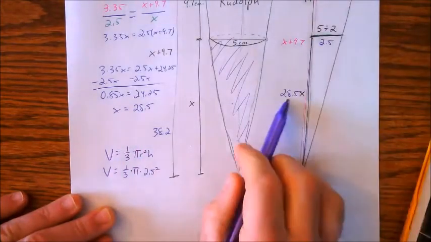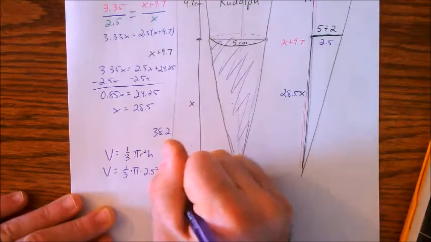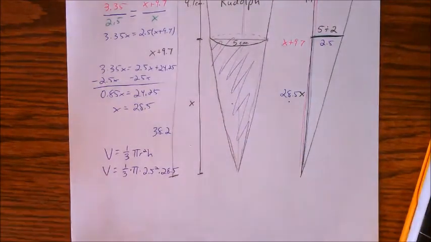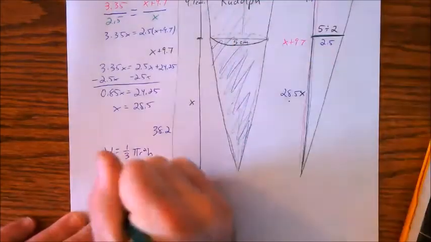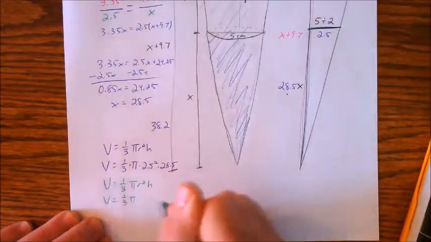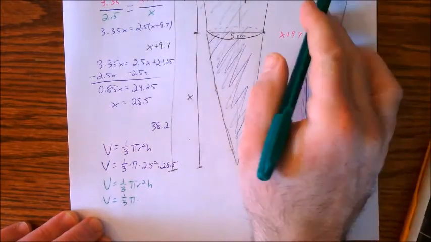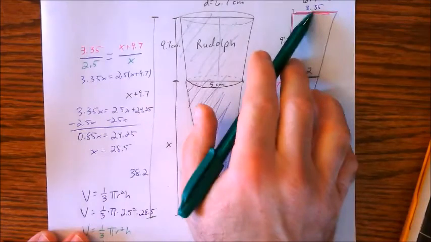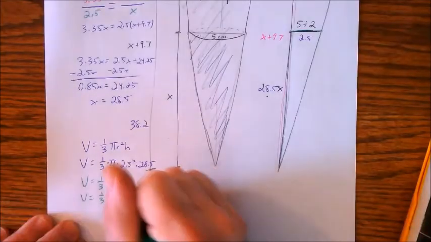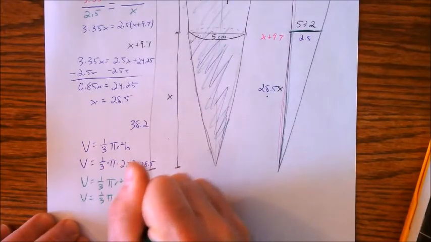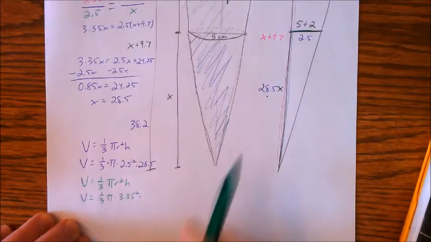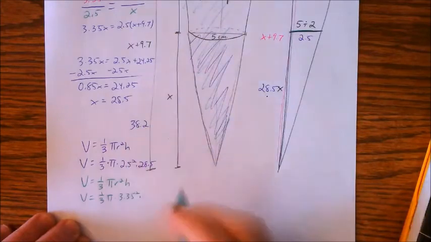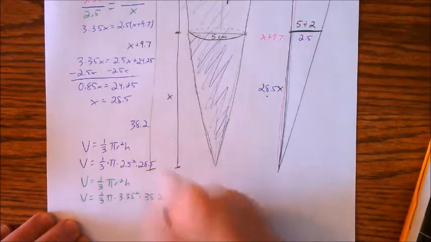And then the volume of the whole thing, so I'm going to color the whole thing in green, is 1/3 pi r squared h, but this time we're going to do 1/3 pi times this radius, which is going to be 3.35 squared, and its height we found is that 28.5 plus 9.7, so 38.2.